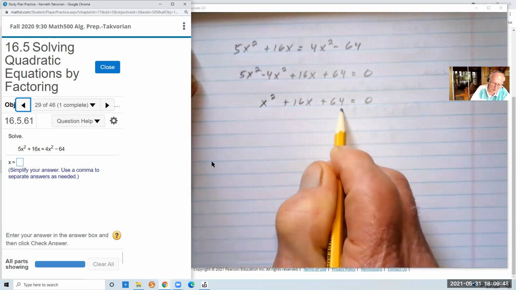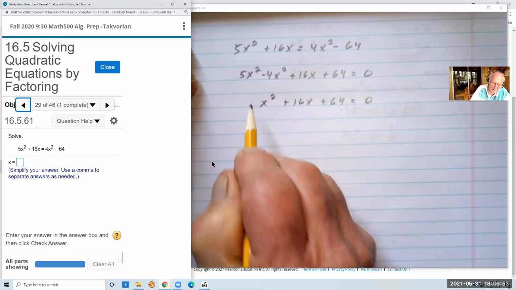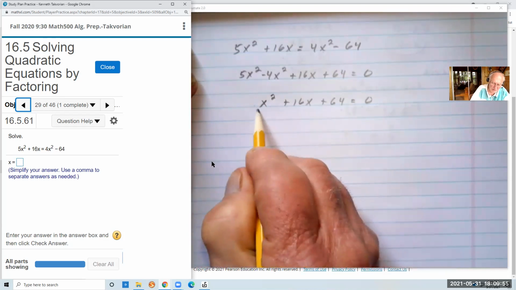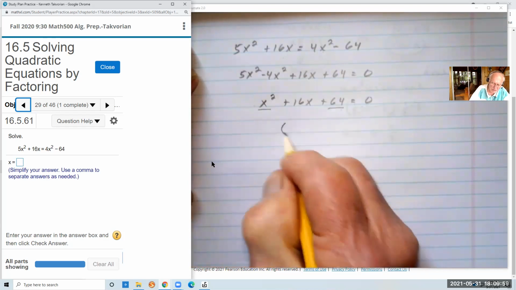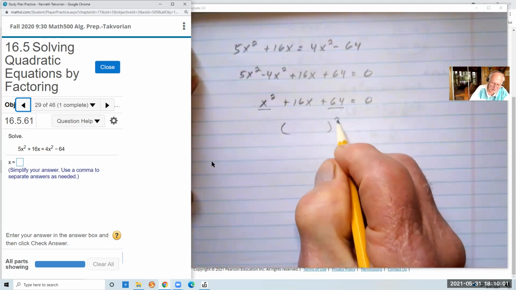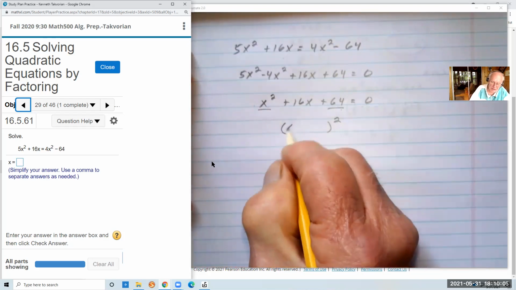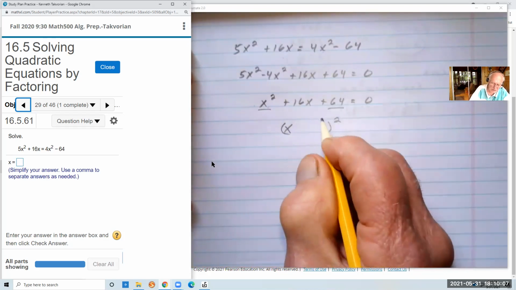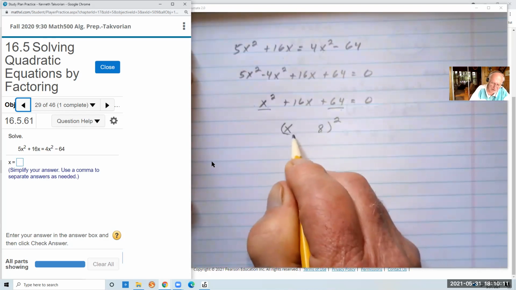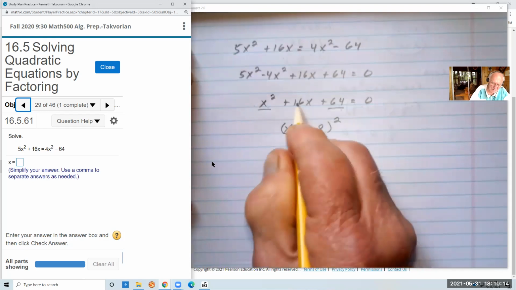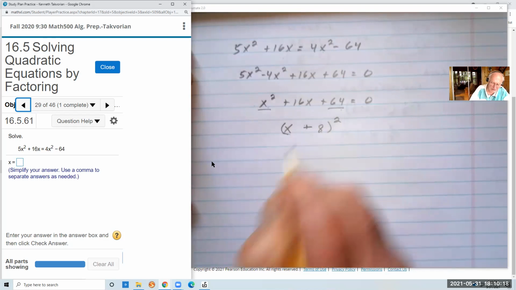We have a trinomial whose lead coefficient is 1, easy type, but I'm looking and seeing that the first term and last term are positive squares, so I'm going to play a hunch that this is a trinomial square. Take the square root of the first term, which is x, the square root of the last term, which is 8, form the product of 8 and x, which is 8x, double it, which is 16x. So it is a trinomial square. Put the plus sign down.